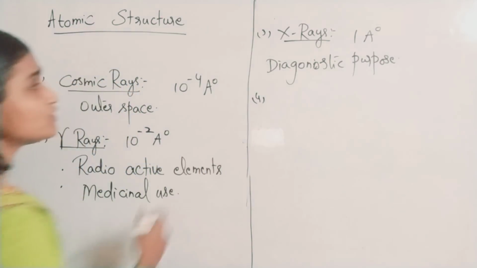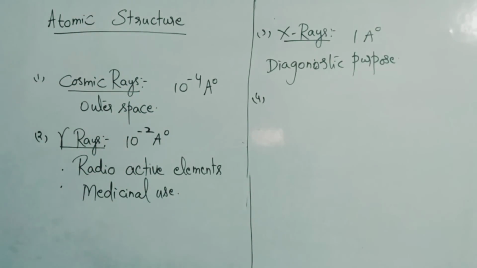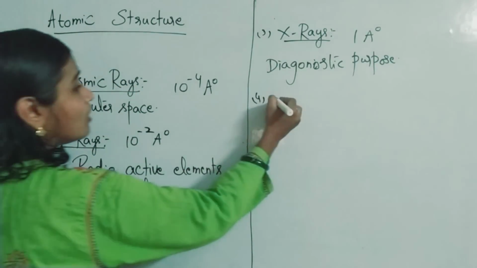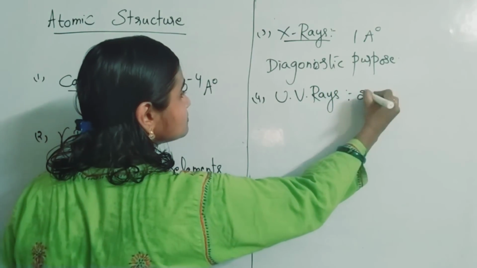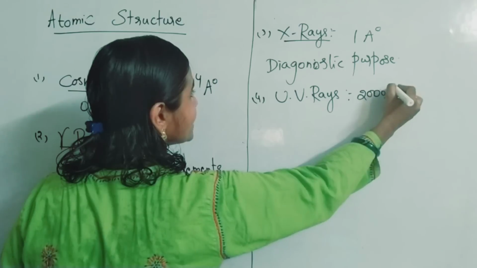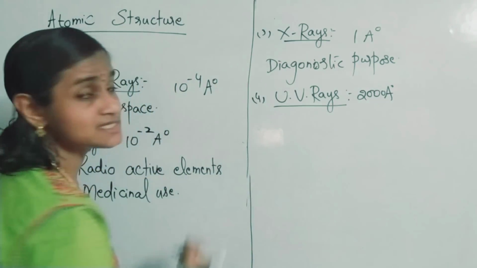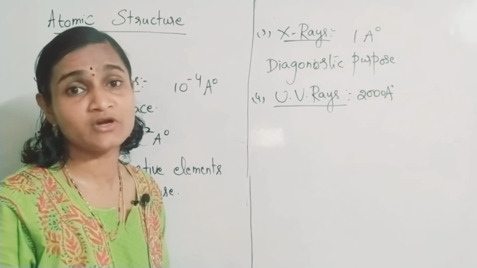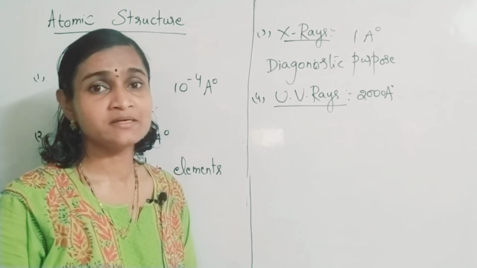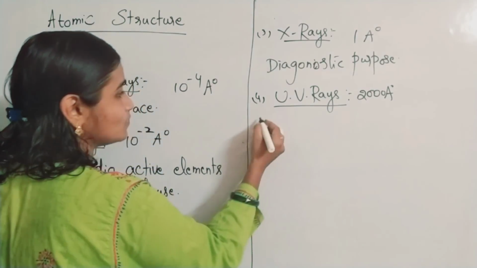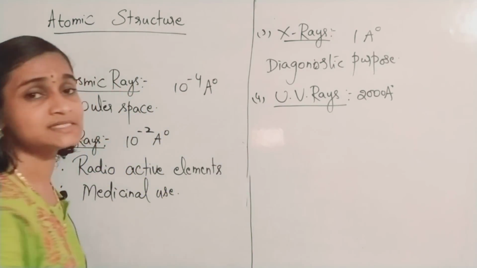Next, the fourth type of radiation is UV rays, which have a wavelength range of almost 2000 angstroms. The source is sunlight. You all know that UV rays are produced from sunlight and even from arc lamps, klystron bulbs. And where are UV rays used?